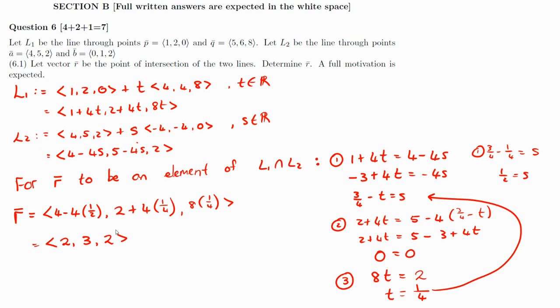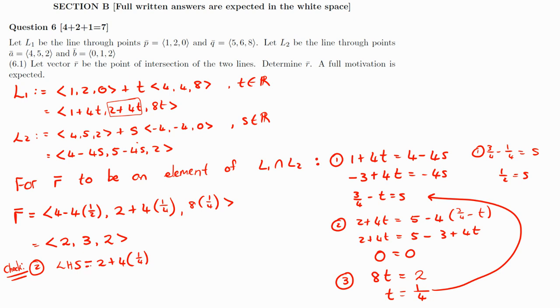Okay, and we must actually check this. We must go check and see, does this work? Let's actually check these answers by employing them in step 2. Okay, so in step 2, we got 0 is equal to 0. So let's test it in this one, because this is a bit sketchy. Okay, so our second components should be equal to each other. So left-hand side, this is just a check, is 2 plus 4t, and t is 1 over 4.